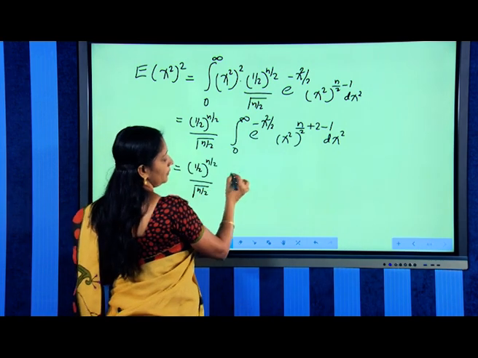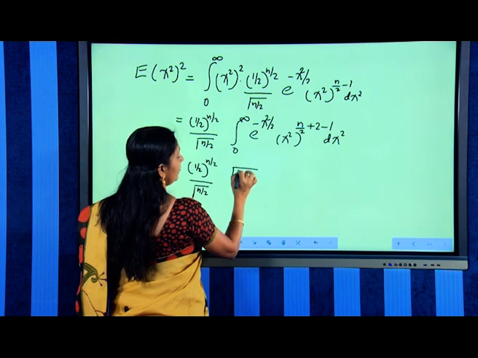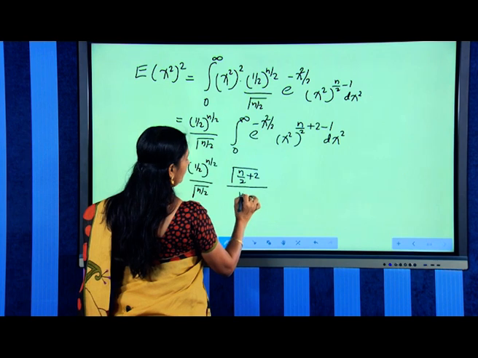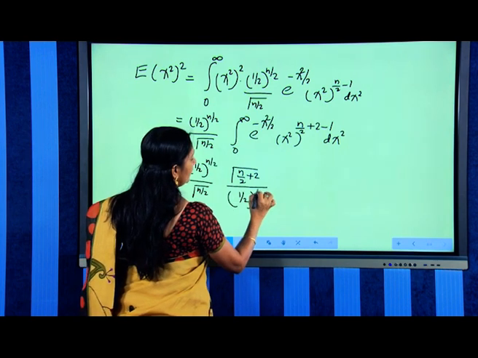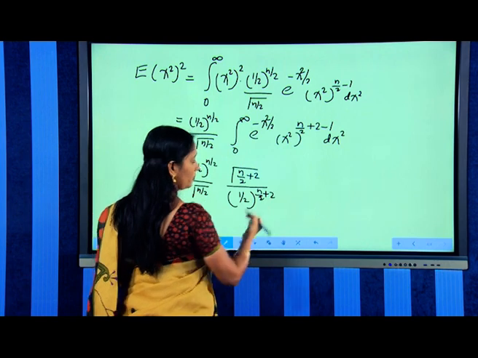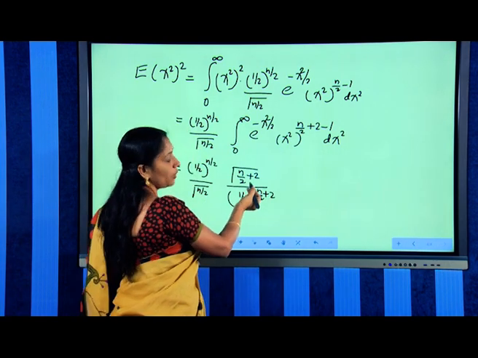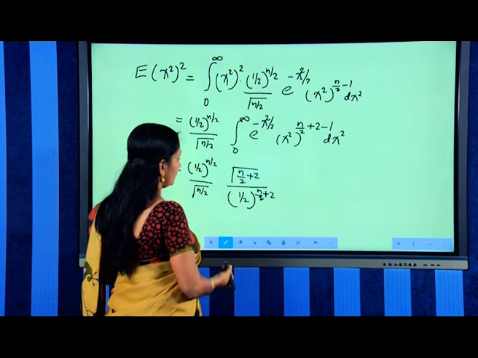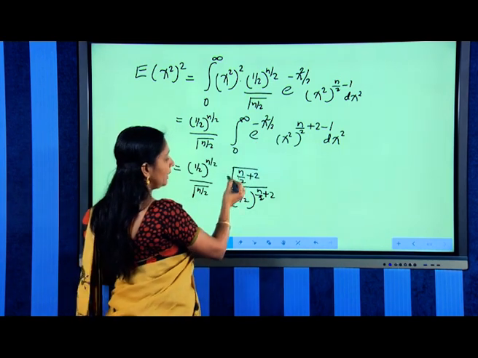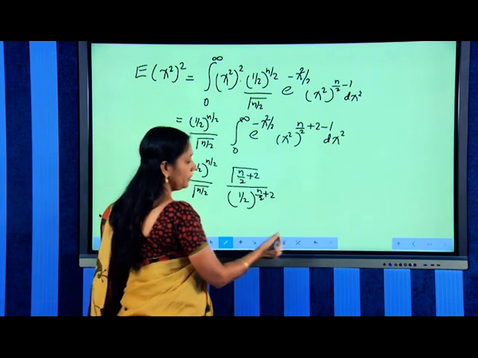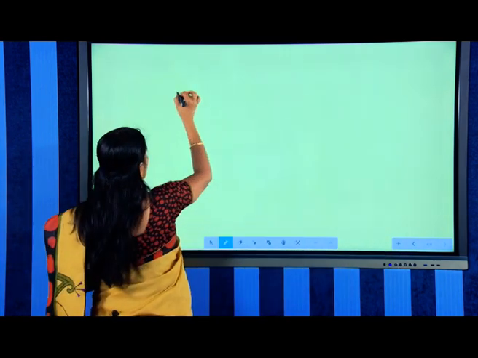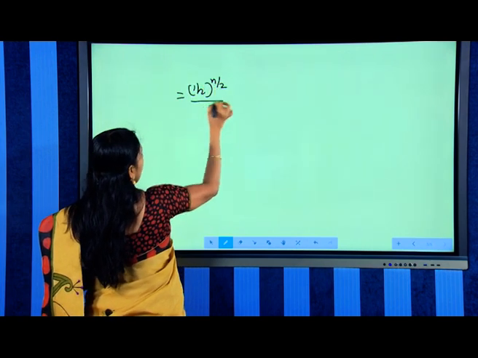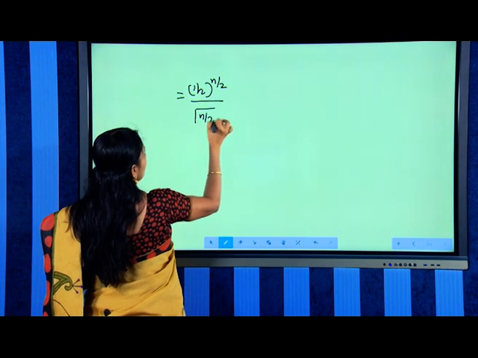that is equal to 1 by 2 to the power n by 2 divided by gamma n by 2. Integral of this part is again gamma n by 2 plus 2 divided by 1 by 2 to the power n by 2 plus 2. This we get from the definition of the density function of the chi-square distribution. Now, this part can again be simplified, and that is equal to 1 by 2 to the power n by 2 divided by gamma n by 2.